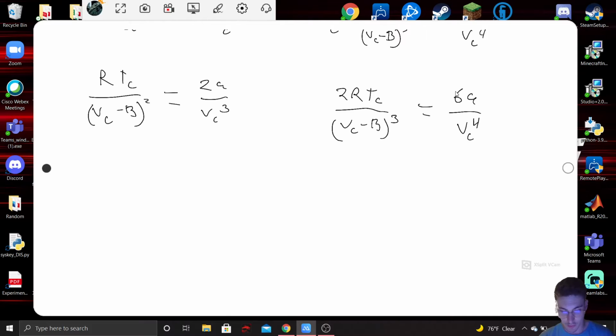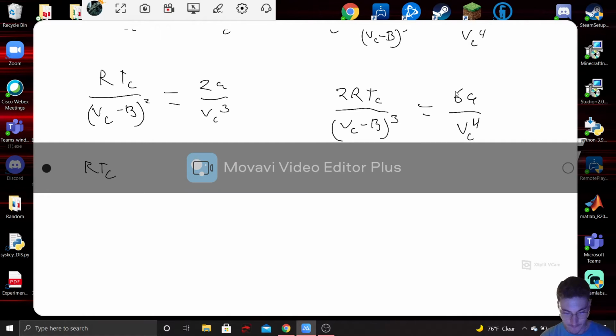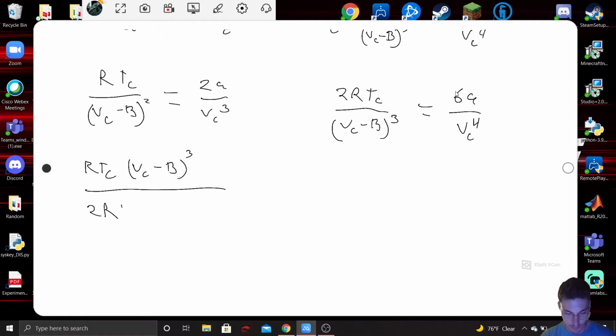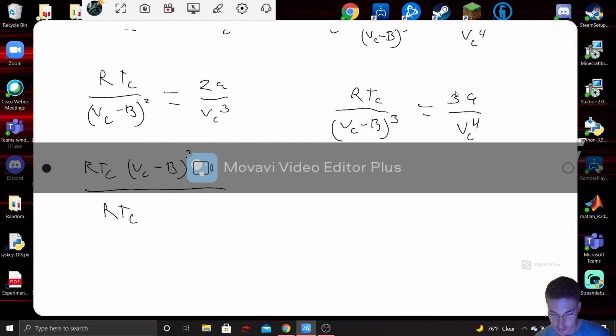So then if we multiply the first derivative by the reciprocal of the second derivative, what we would get is RTC times VC minus B cubed over 2RTC. Well, actually, instead of doing this, we can get rid of the 2 and the 6 and just make this 3, and then that becomes 1 if we divide by 2 on both sides.